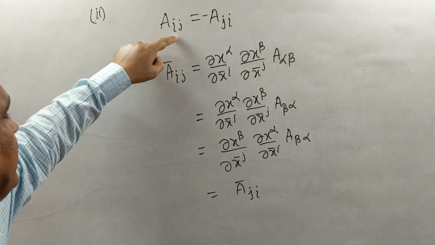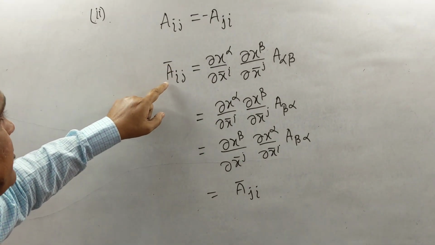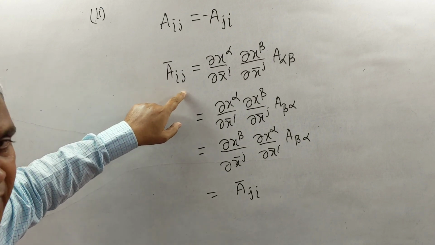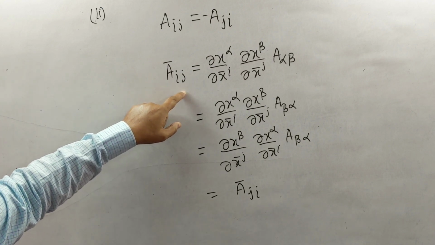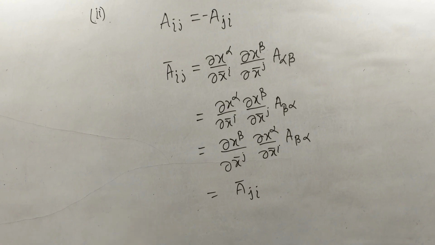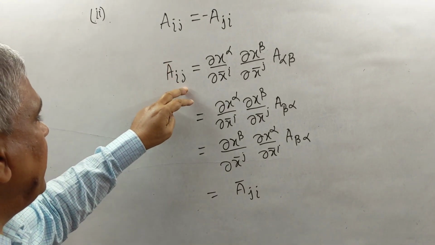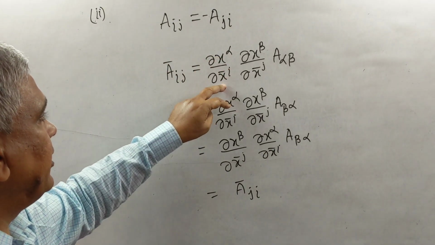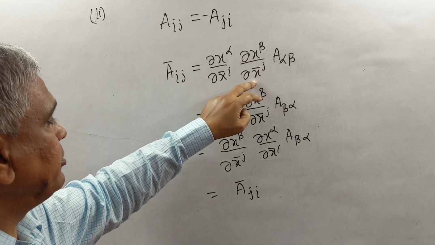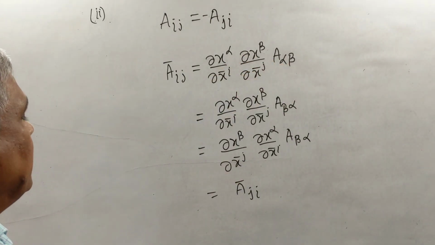Corresponding value of A ij in X bar system of coordinates be A bar ij. According to the tensor law of transformation, we write A bar ij equal to del x alpha by del x bar i, del x beta by del x bar j, A alpha beta.